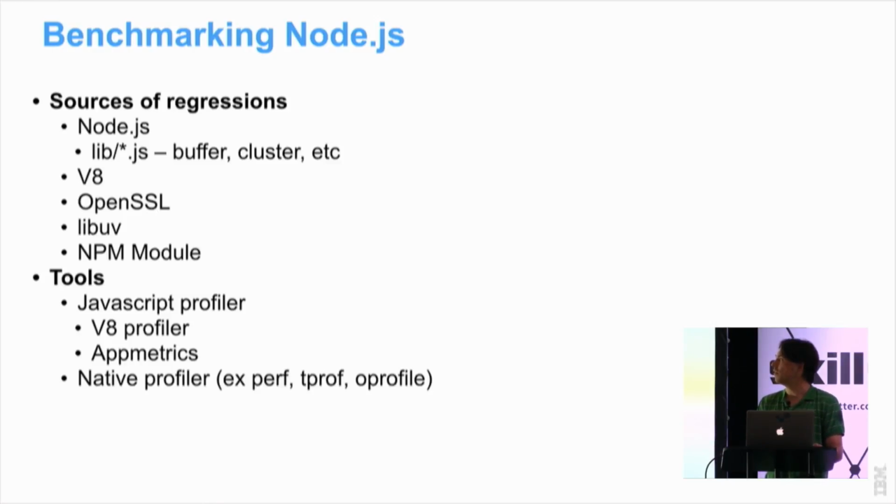It could be also that that new version of Node has pulled in an OpenSSL security fix, which sometimes can cause performance regressions because you may not have been doing everything that you were supposed to be doing before. It could be a libuv update. It could be that you've pulled in a new dependency or an updated module that has had an adverse effect on your performance.